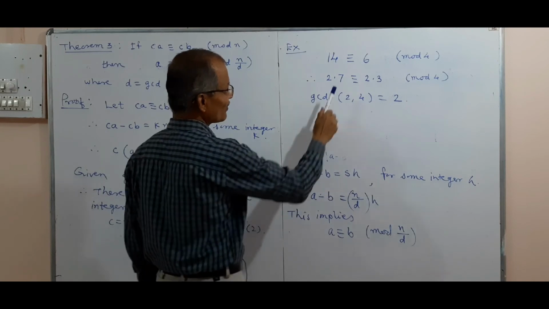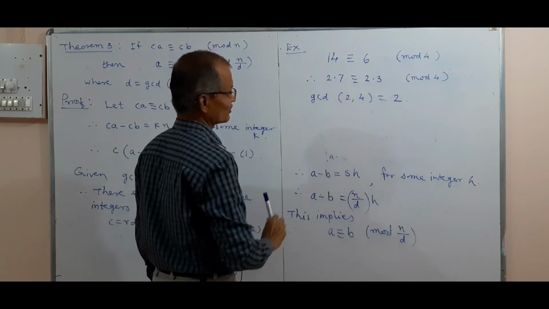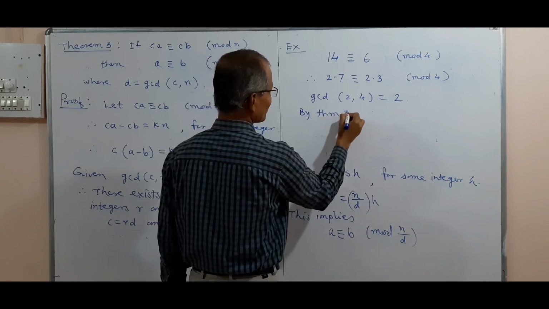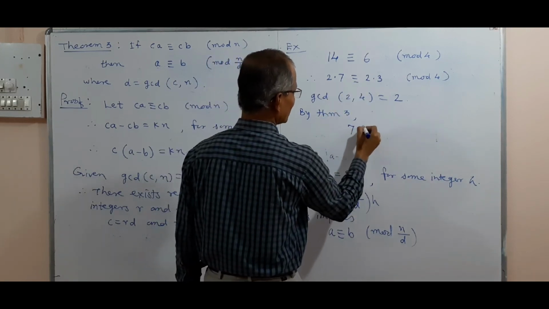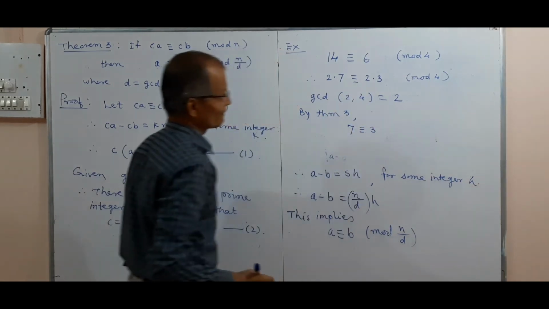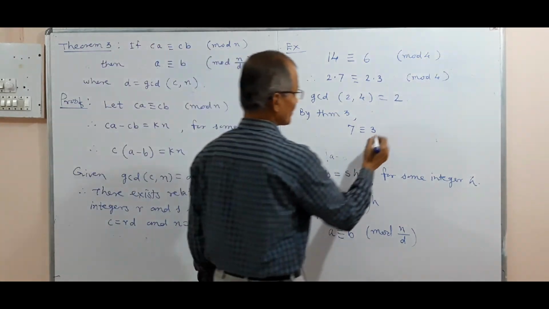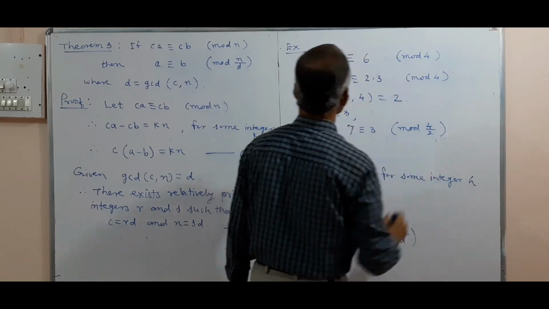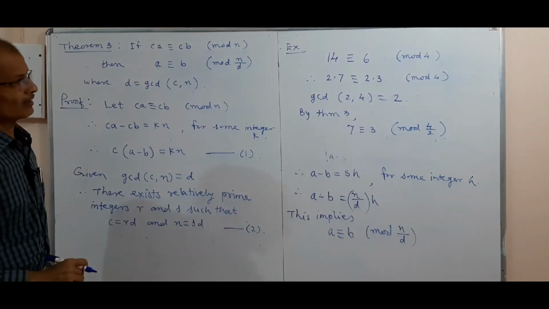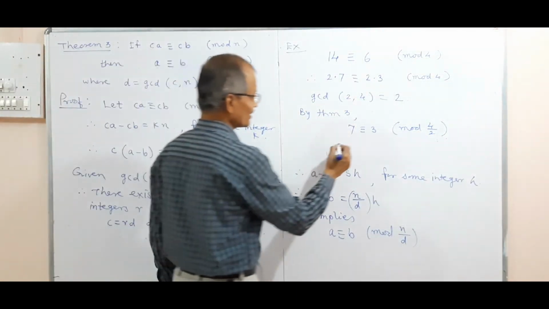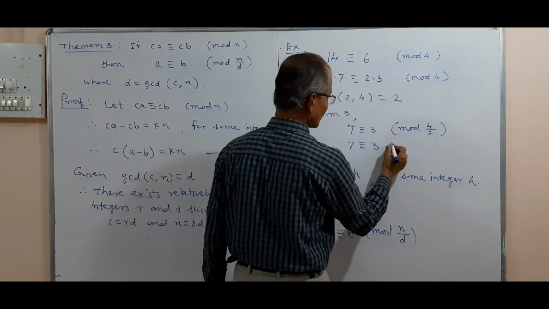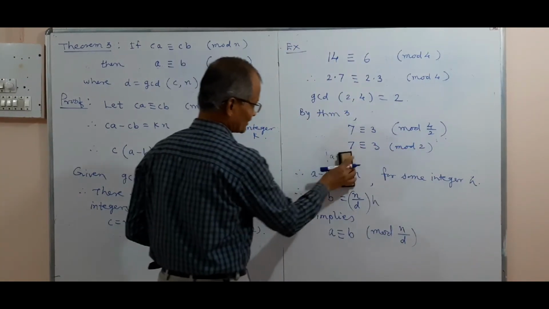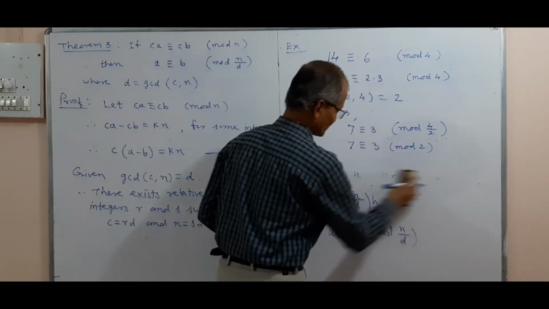And therefore we can cancel out 2 from both sides, and by the theorem, 7 is congruent to 3 under modulo 4 divided by 2, that is, 7 is congruent to 3 under modulo 2. And that is one illustration of this theorem.